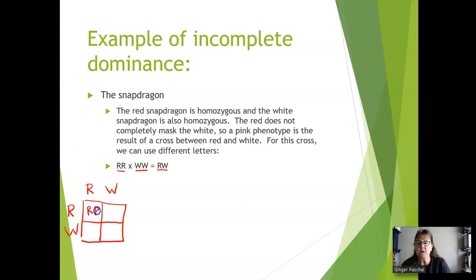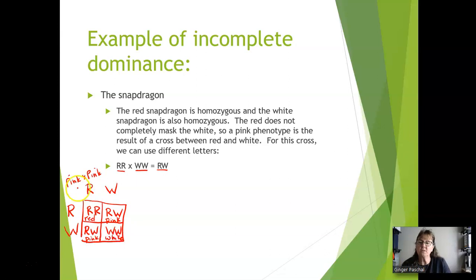So we get a capital R, capital R, capital R, capital W, capital R, capital W, and a capital W, capital W. So remember, this is a pink crossed with a pink. So when we look at this, this individual is red. So two pinks can create a red. This one is pink, and this one is pink, and this one is white.